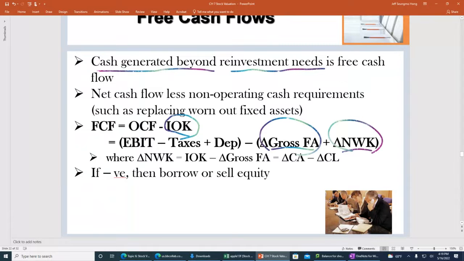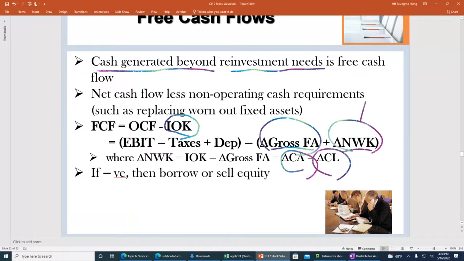What's working capital? Working capital is current assets. Remember that? Current assets are working capital. Fixed assets are physical capital. Net working capital is basically what? Current assets minus current liabilities, right?